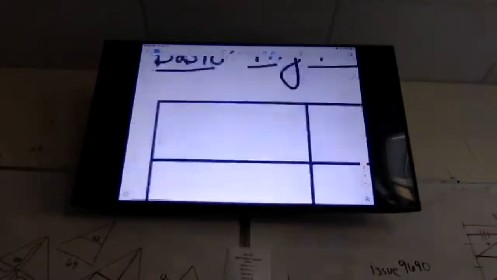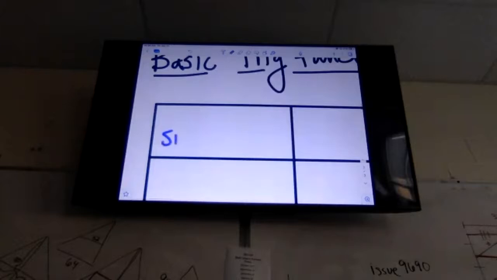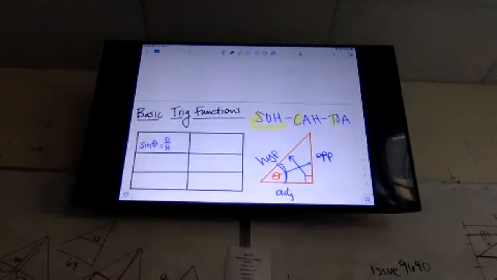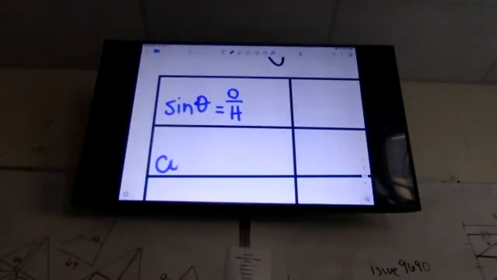So I'm gonna come over here in my little grid and write sine of theta, because it's sine of the angle, equals opposite over hypotenuse. Sine of that angle is whatever the opposite over the hypotenuse is. All right, cosine is CAH, so that's going to be A over H. Cosine of theta is A over H.